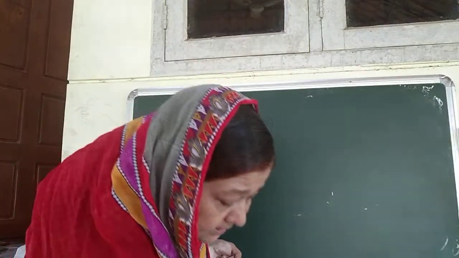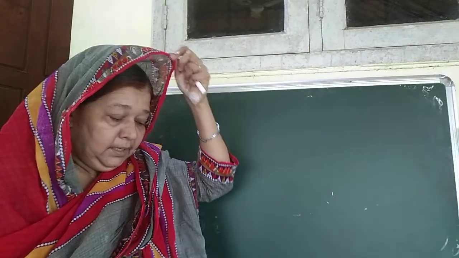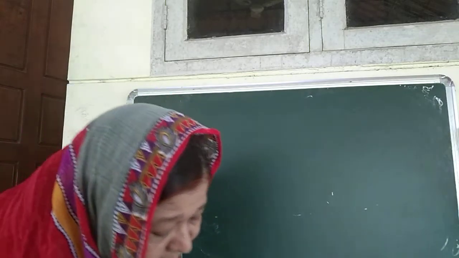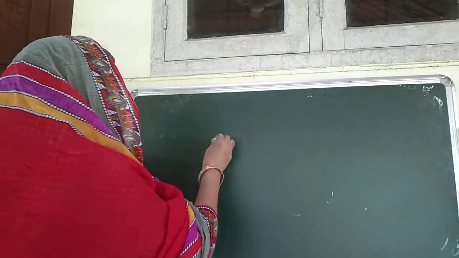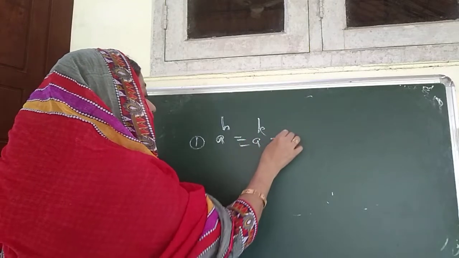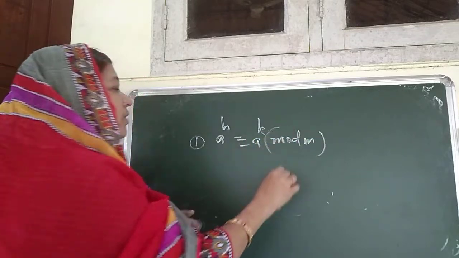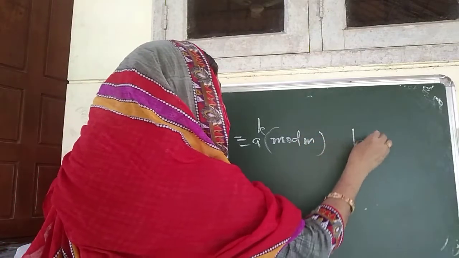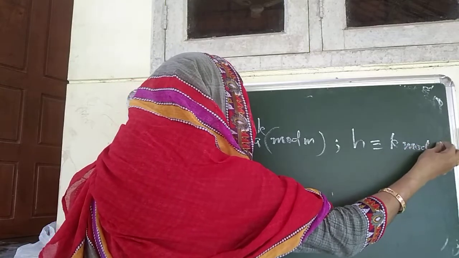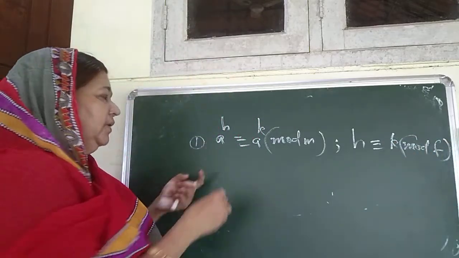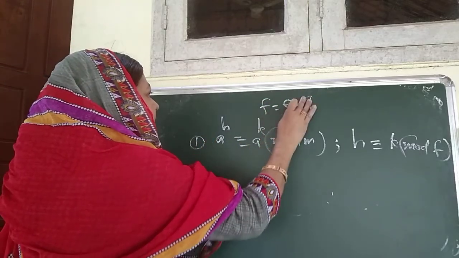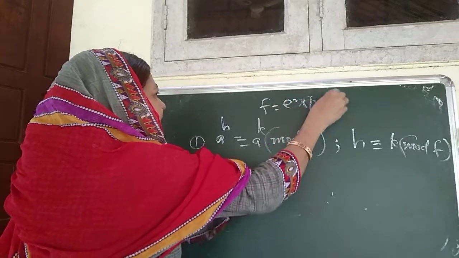Yes. Then let us discuss some properties of this exponent. The first important property is that a raised to h is congruent to a raised to k modulo m if and only if h is congruent to k modulo f, if f is the exponent m of a.